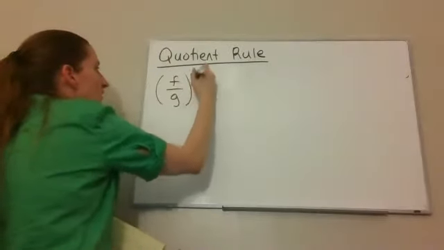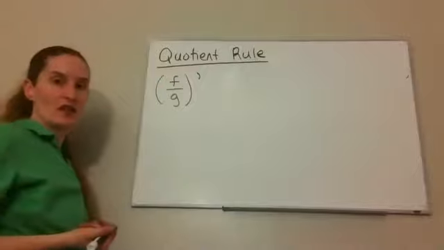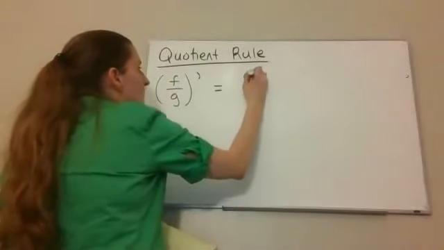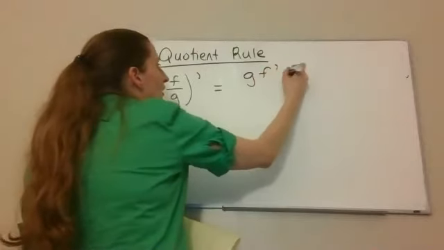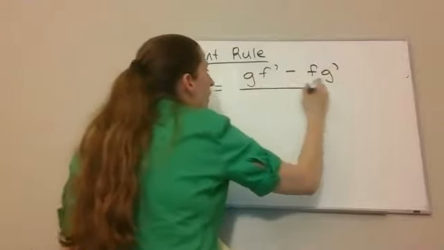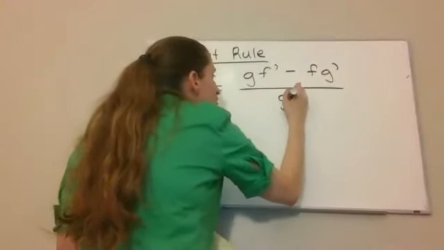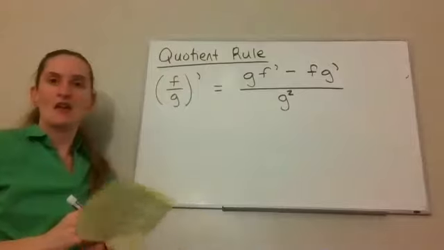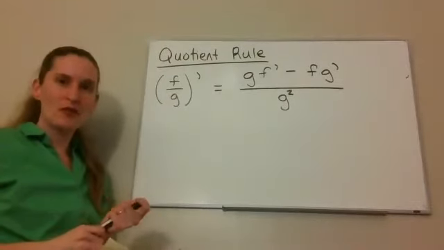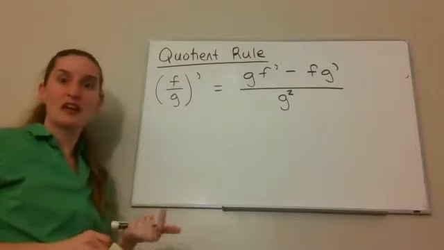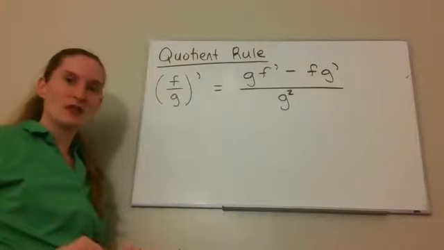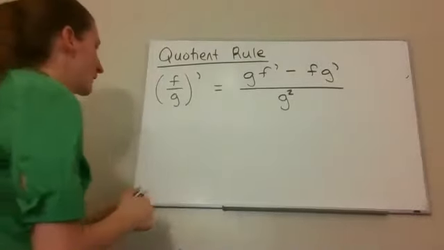The derivative of a quotient of functions, f over g, is equal to g f prime minus f g prime, all divided by g squared. So why in the world would this become my favorite derivative rule when it looks very complicated to remember? Well, because there's a really, really dumb little trick for remembering how it works.